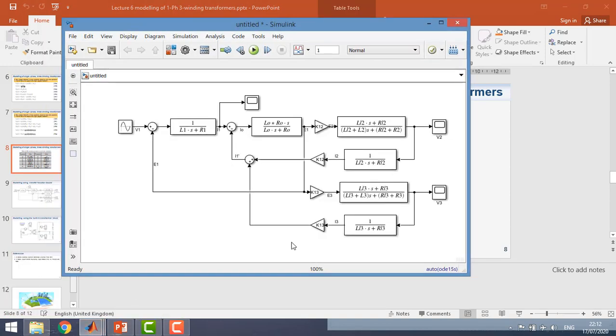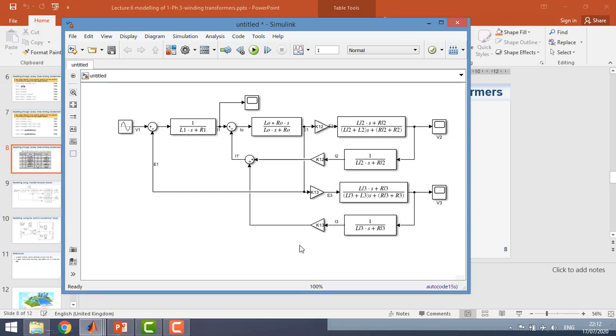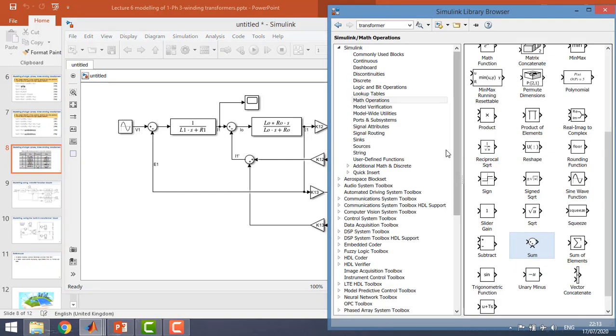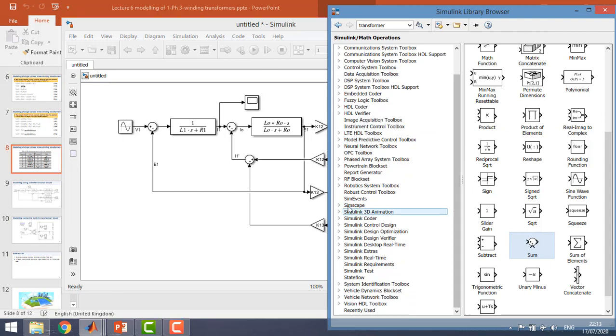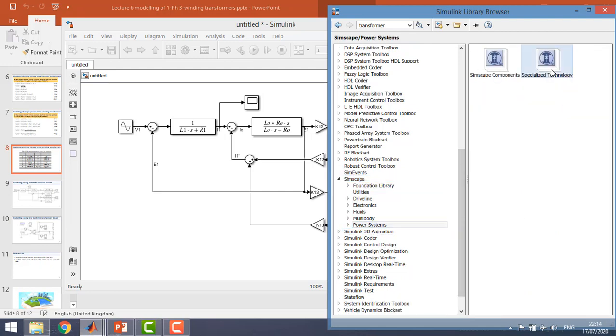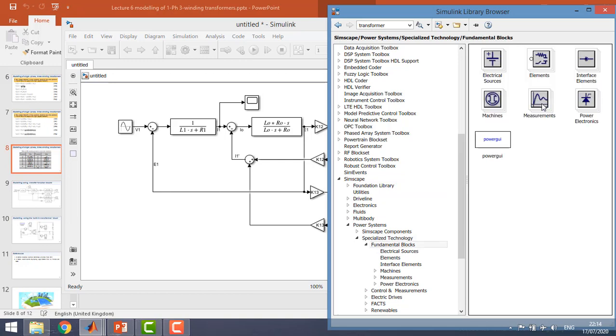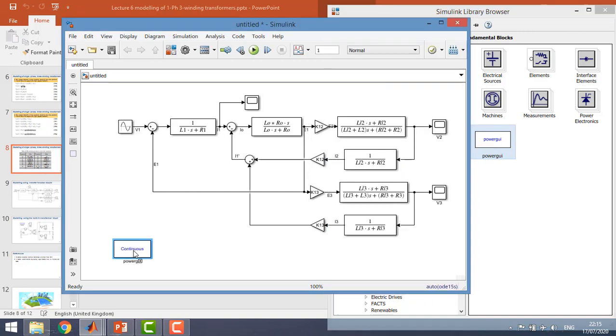So I guess we can validate that this model is representing the transformer by using the built-in transformer block. So we need the power graphical user interface.